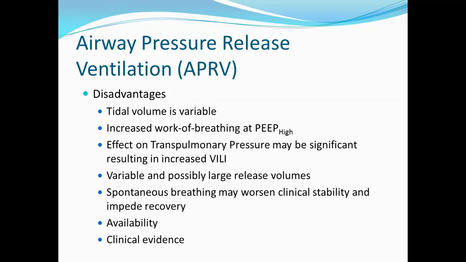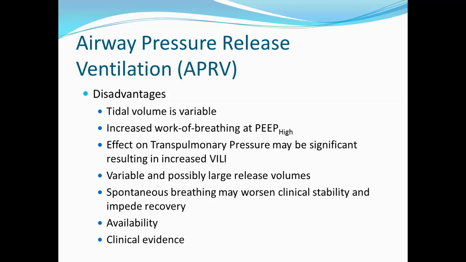Jeff has talked a lot about transpulmonary pressure in the first half of the semester, and one of the concerns that people have about APRV is the effect on transpulmonary pressure. If we're ventilating a patient at a P high of, say, 25 centimeters of water, and the patient is allowed to breathe in spontaneously, let's assume that their pleural pressure is a -7.